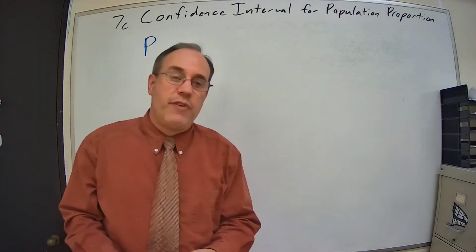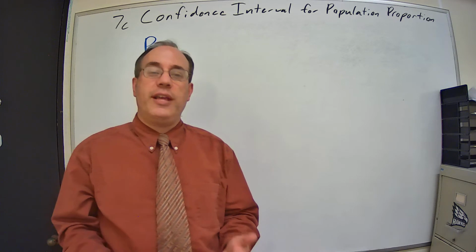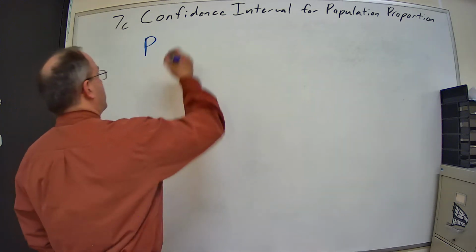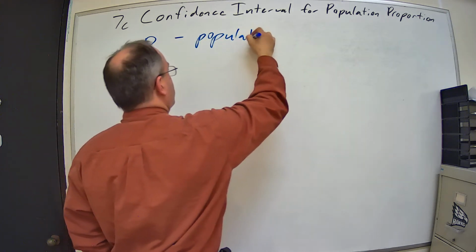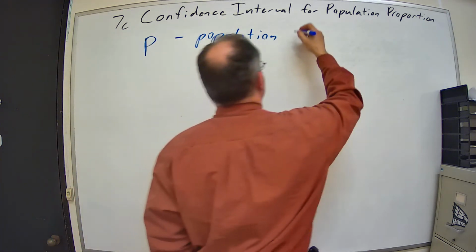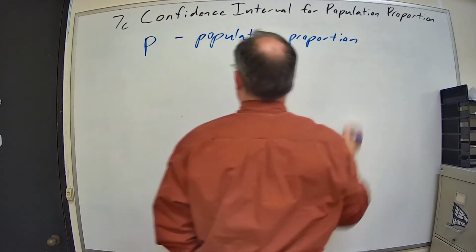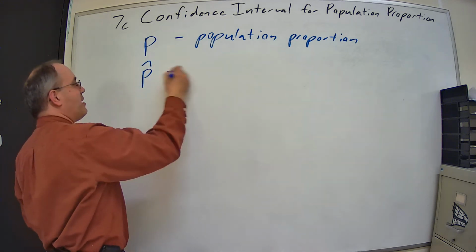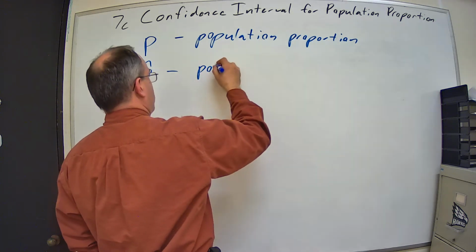Well, if we're going to find this new thing, this population proportion, then we need a point estimate for that. And the point estimate, so I'm going to put that as population proportion, just so we have it labeled up here. And we're going to use p hat for the point estimate.